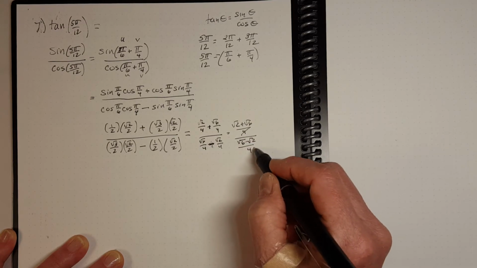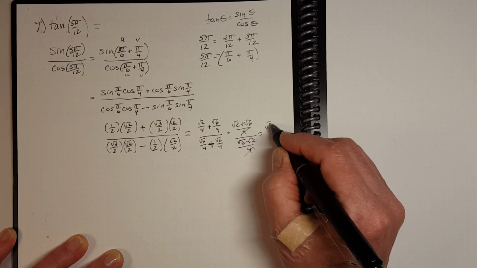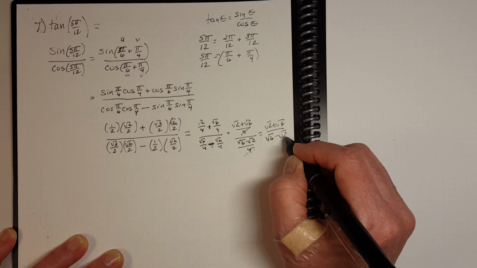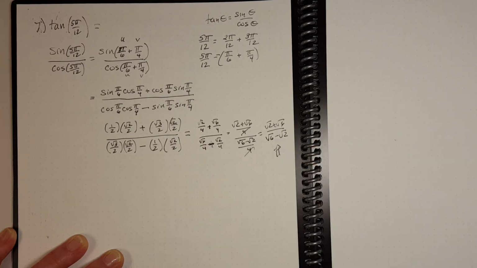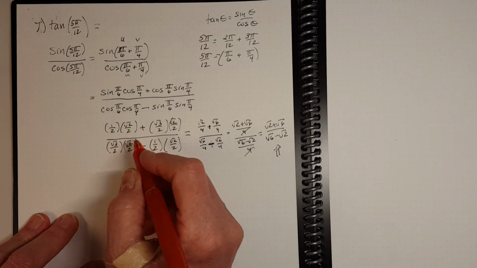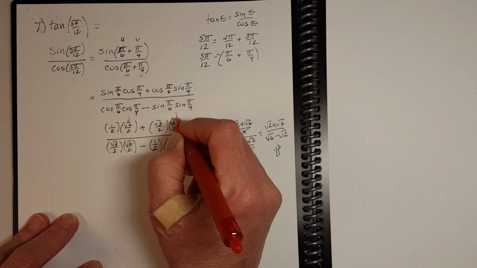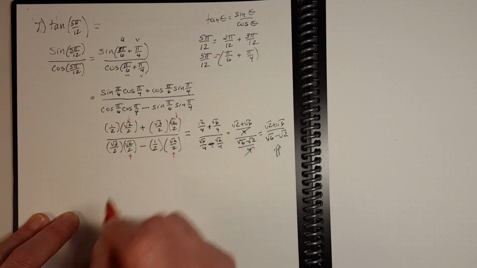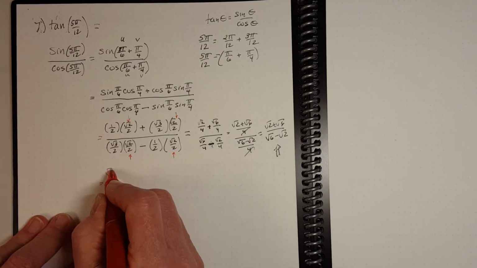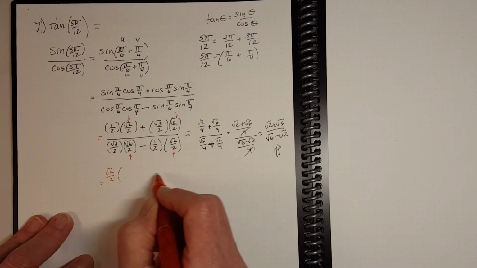And because I have a 4 on the bottom of both, I can do root 2 plus root 6 over root 6 minus root 2. And now I need to rationalize the denominator of that. So we're not quite done there. But if I take this and I look and I say, hey, there's a root 2 over 2 in every piece, what that allows me to do is to rewrite this fraction and factor the root 2 over 2 out.